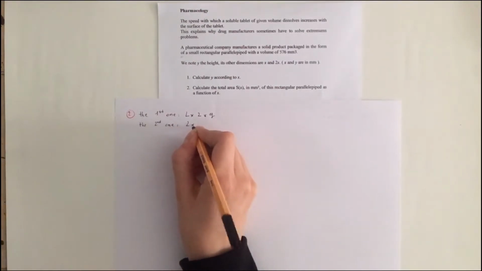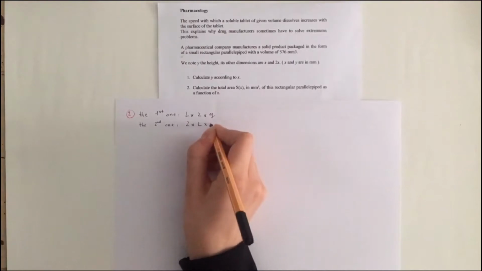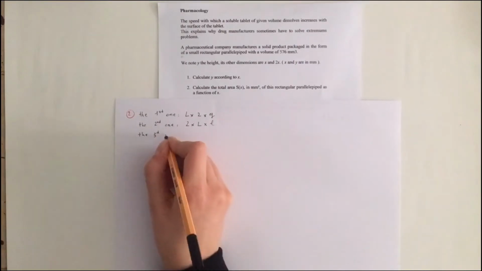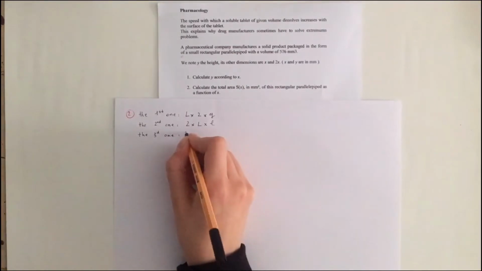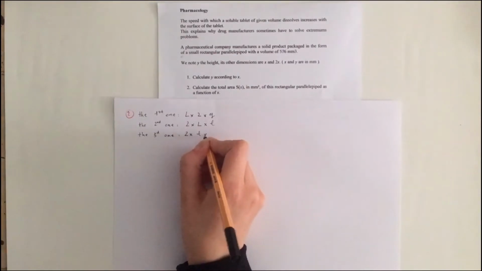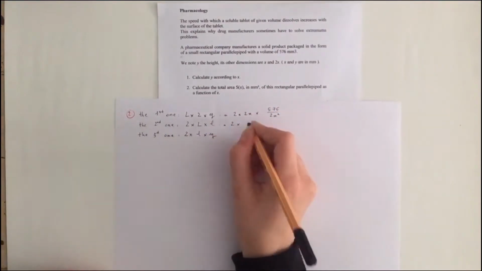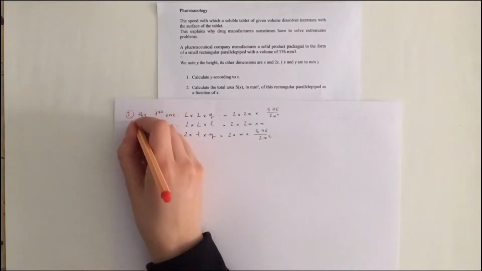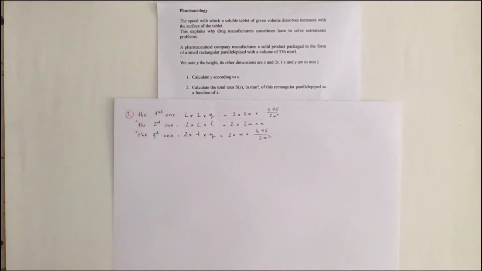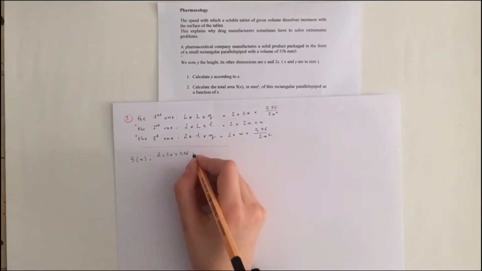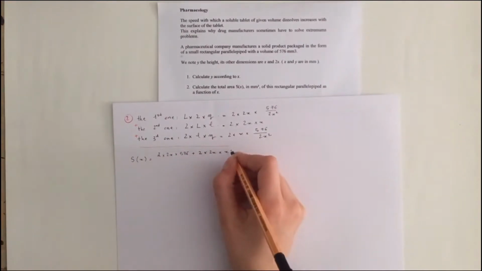And the third one, which is 2 times the width times the height. And then we just need to replace by what we wrote before. Now we need to add the 3 faces, and we reduce them to a common denominator.